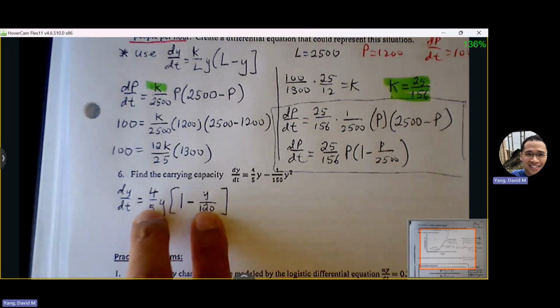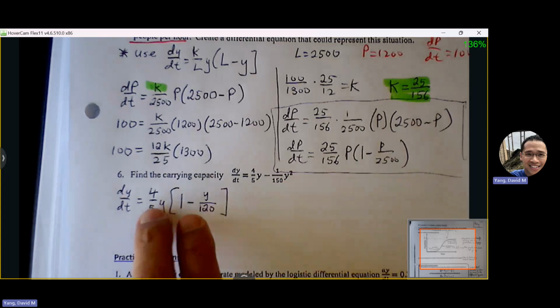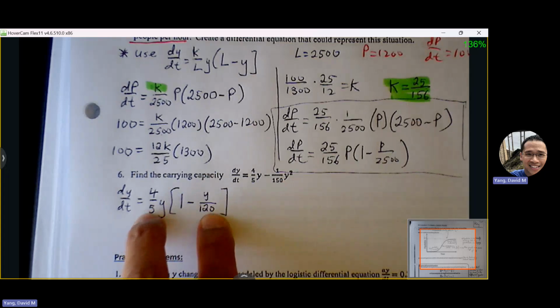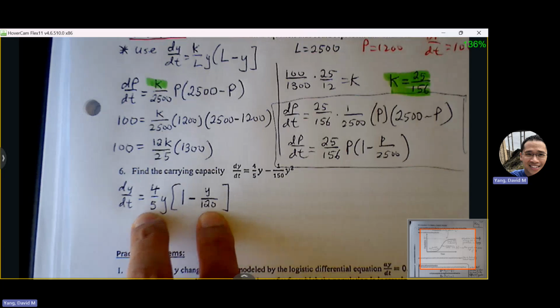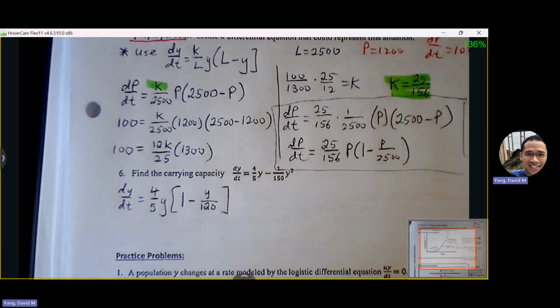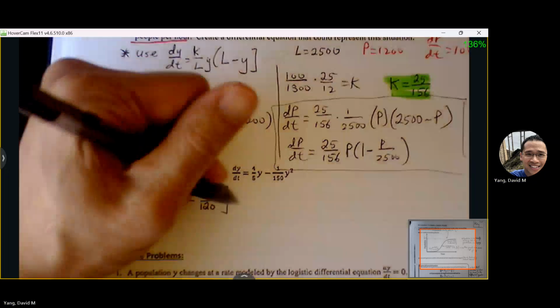If I double check, I should be able to get that 150 to show up again. If I did 4/5 times 1 over 120, I'll get 1 over 150. So this is equivalent, but we want it in this form so that we can pull the L value a little bit easier. What's our L value? 20.